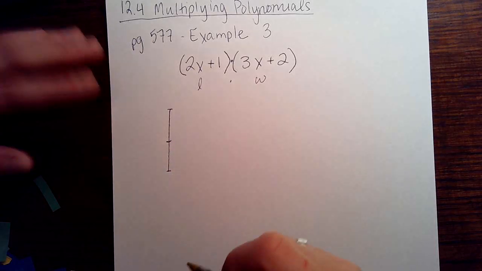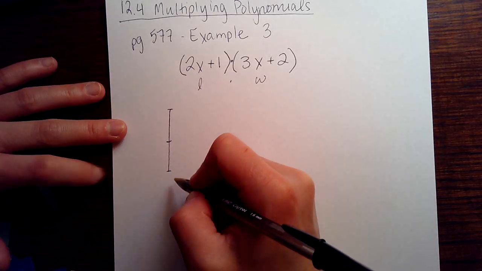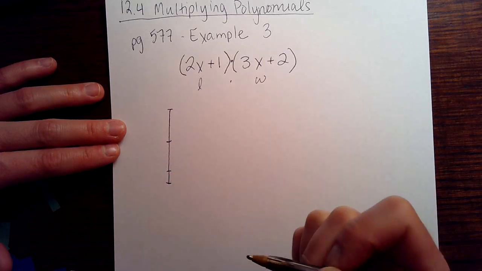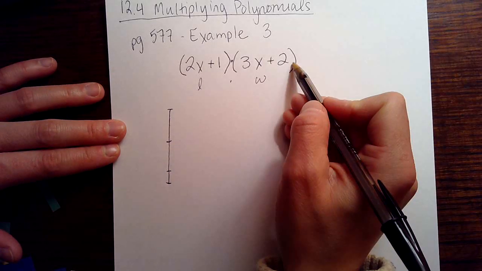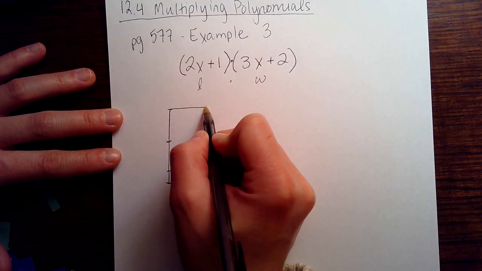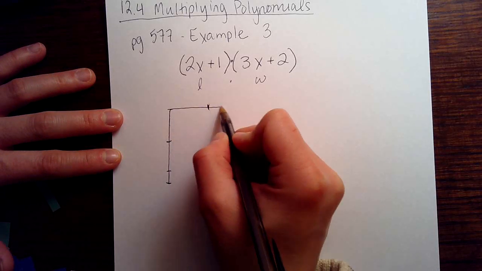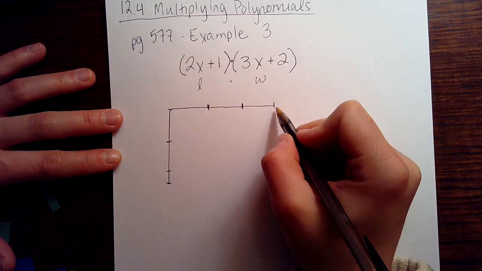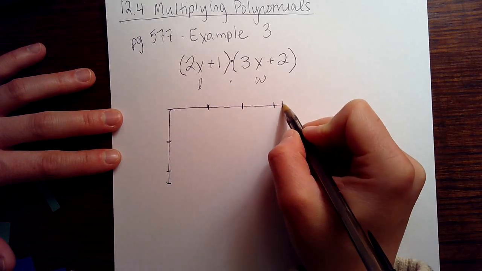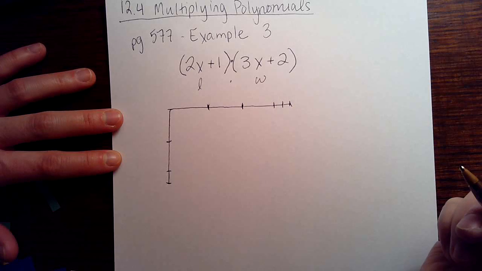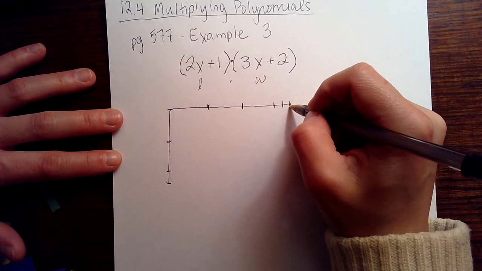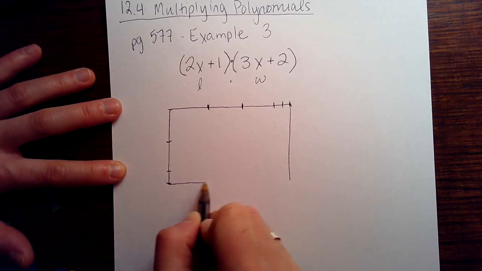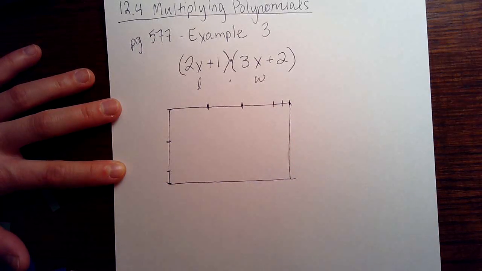Remember, those are about an inch, plus 1, which is about a quarter of an inch. That might be a little bit big. And then the other side, the width, is 3x, plus 2 units, 2 singles, which are, again, about a quarter of an inch. And then that's the length and the width, and we extend that to make our rectangle.